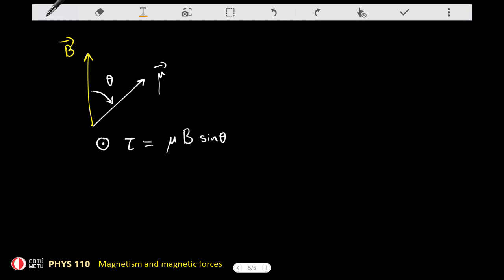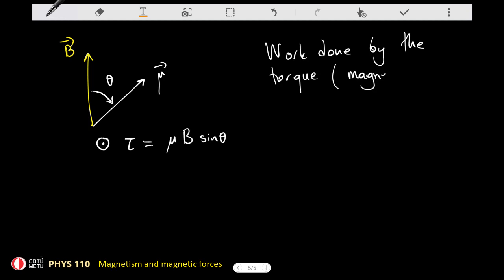Next thing is, well, we can talk about the energy. So work done by the torque. So that's basically the magnetic work done. Work done by the external magnetic field.